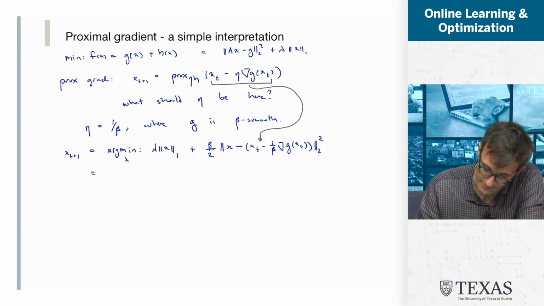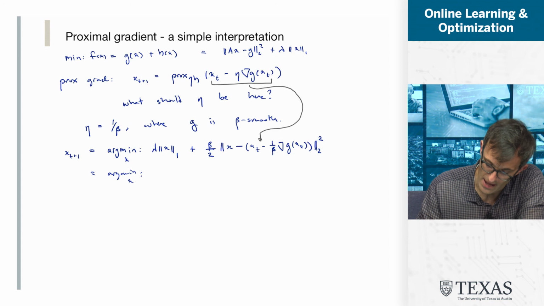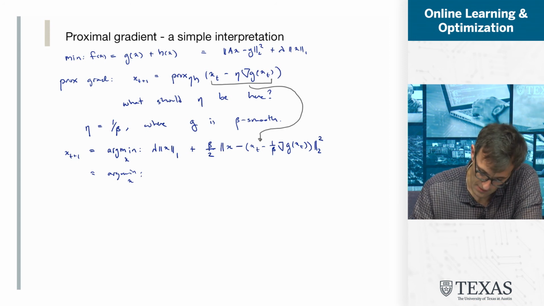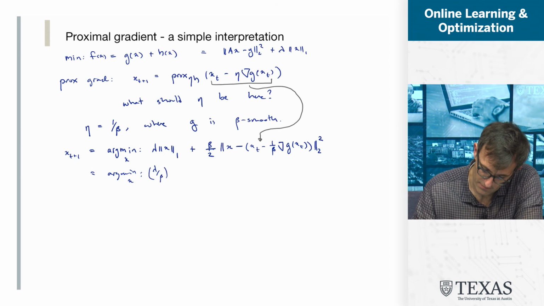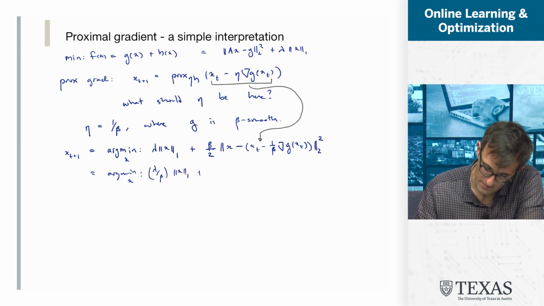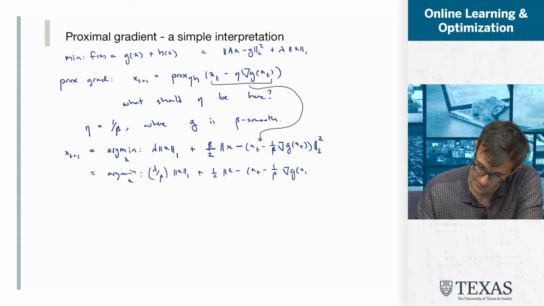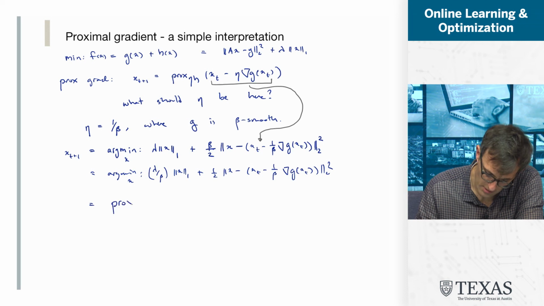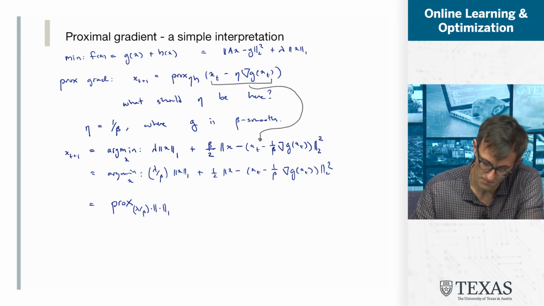And you'll see that this is exactly equal to argmin over x of lambda divided by beta times the norm of x, plus 1/2 the norm of x minus x_t minus 1 over beta gradient G of x_t, which is equal to the prox operator with constant lambda over beta of just the L1 norm evaluated at x_t minus eta gradient G of x_t.